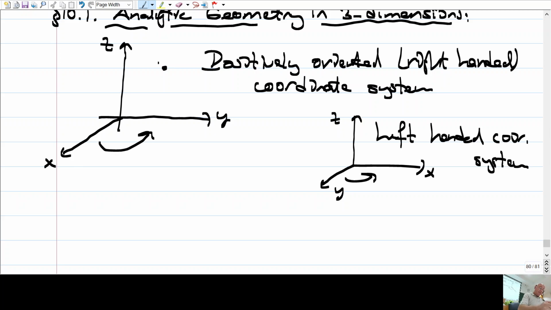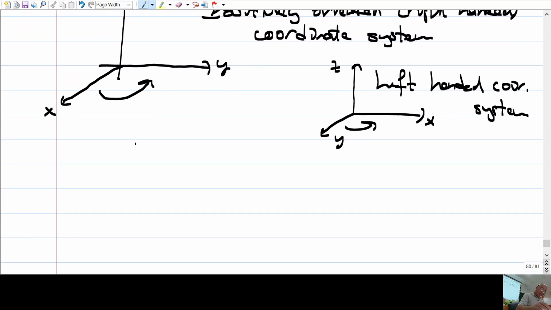If you have a point in this 3 space, then we represent its coordinates as follows. Suppose this is the coordinate system x, y, z, and we have a point here. We take its projection in the xy plane.